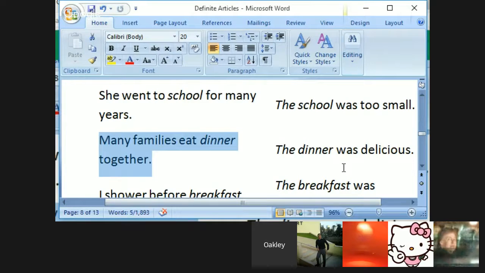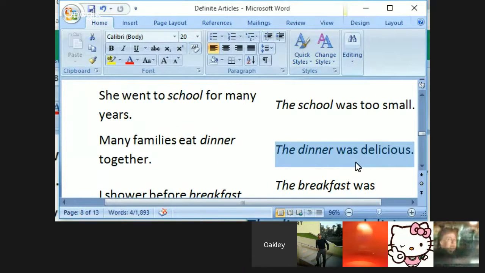For these meals, breakfast, lunch, and dinner, and brunch, we could throw brunch into the mix, if you're talking about a very specific dinner, like "the dinner that Hillary made was delicious," very specific, then we use "the."